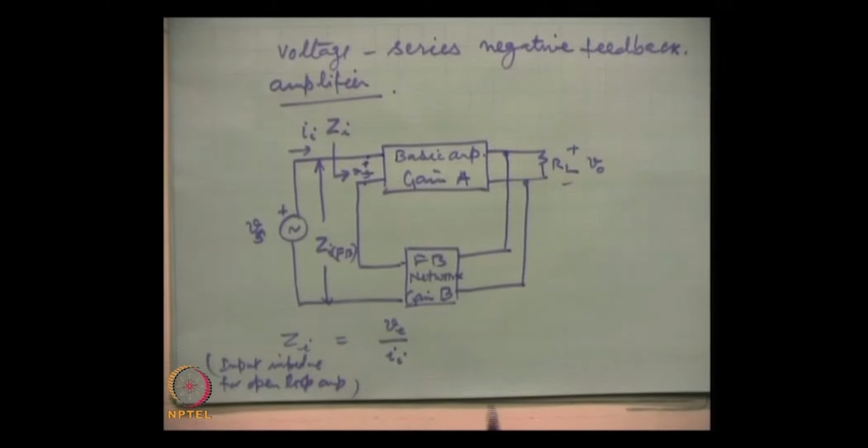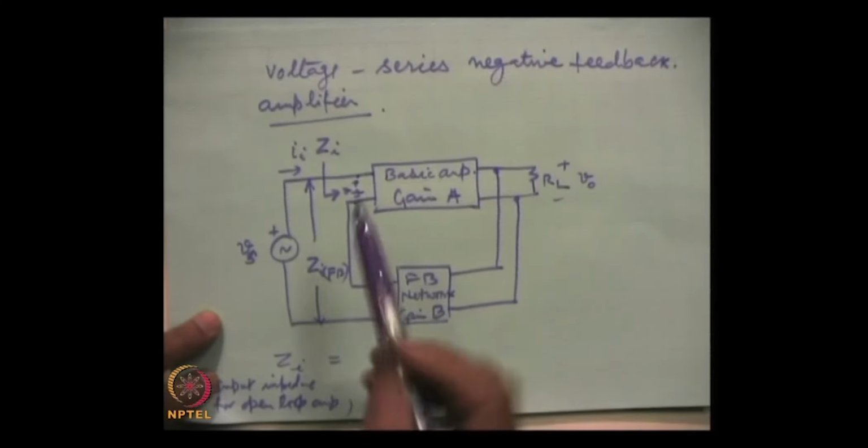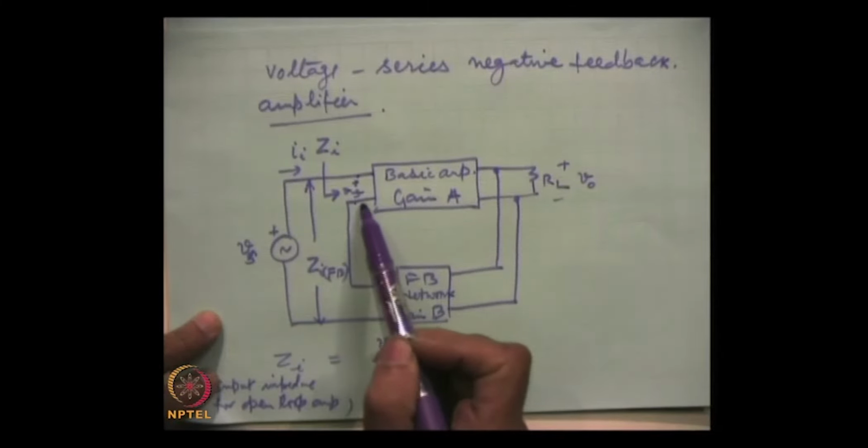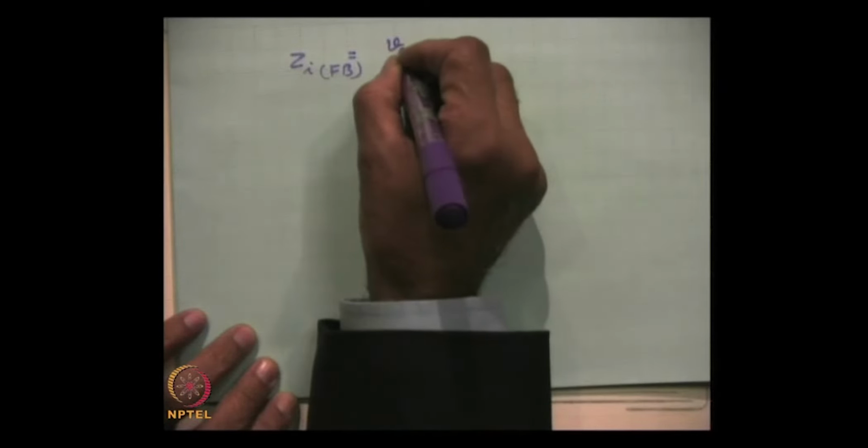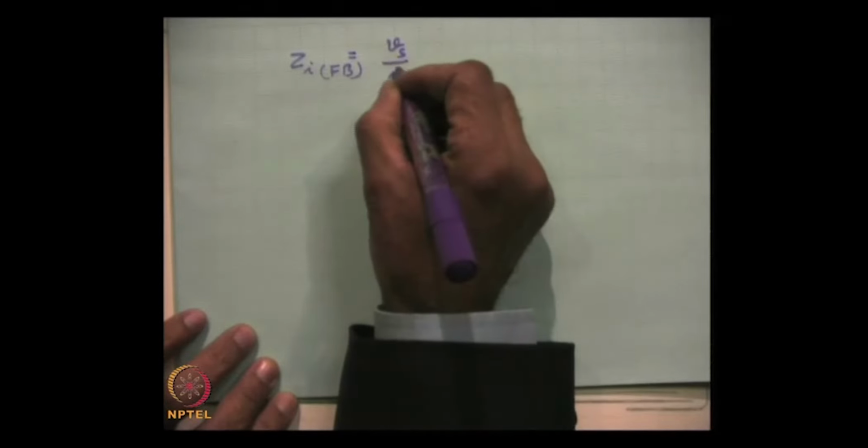So, remember this definition, and then in the same way look at this circuit. Here the input was V e, here the input is V s. So, for the feedback circuit, Z I F B is equal to V s by I. And what is our purpose?